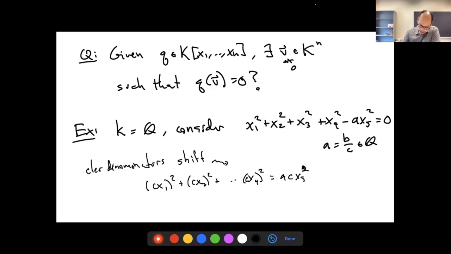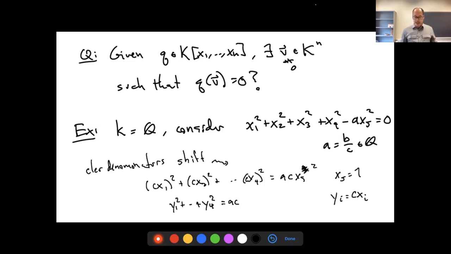Anyways, you can see that if I set x5, for example, equal to 1, and I think about yi to be c xi, then this looks like the sum of the y squared. I have 4 y's, y1 squared plus through y4 squared is equal to ac, and these are all integers, because I've cleared denominators, so ac is an integer.